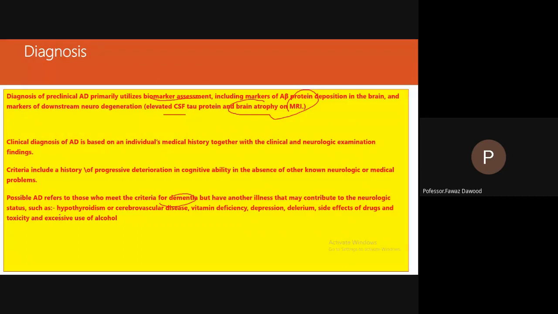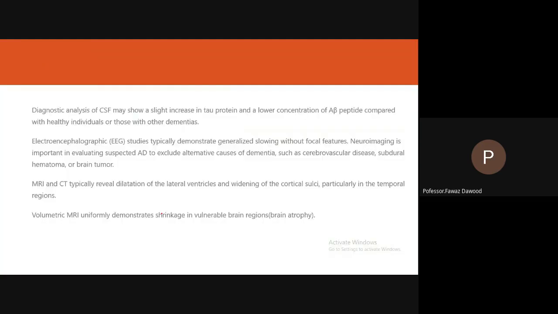Again, the patient may complain from hypothyroidism, CVA, or vitamin deficiency, and some of the complications may relate to the type of medication. Tau protein is going to be demonstrated in the cerebrospinal fluid, and a lower concentration of AB peptide than in a healthy patient.